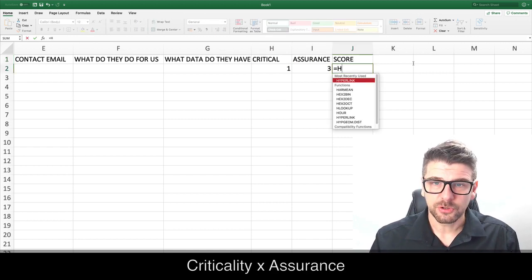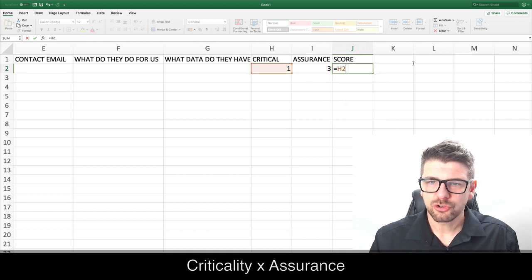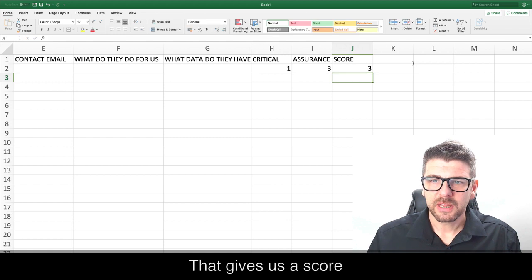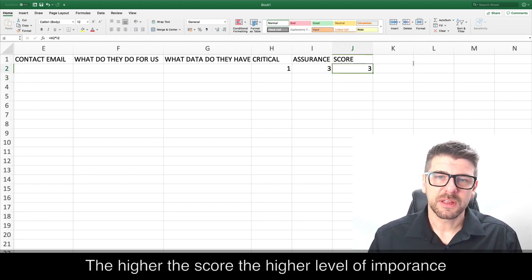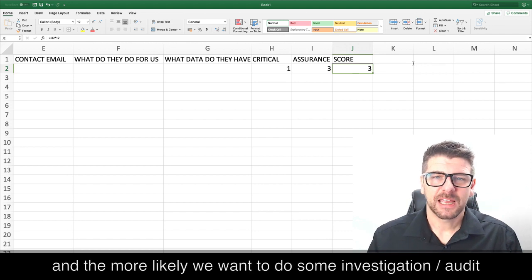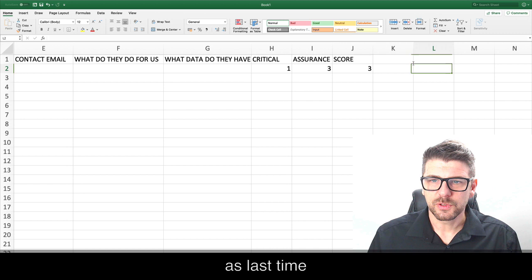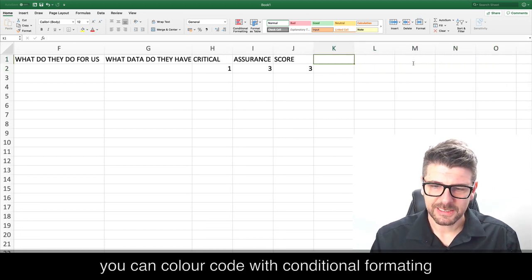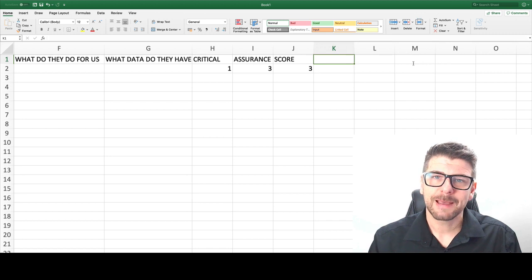So we're just going to do H2 multiplied by I2, and that's going to give us a score. The higher the score, the higher the level of importance that third party is, and the more likely we're going to want to do some investigation and assurance around those. As last time, you could put some conditional formatting in and color that, and that's not the point of this, but you could do that.